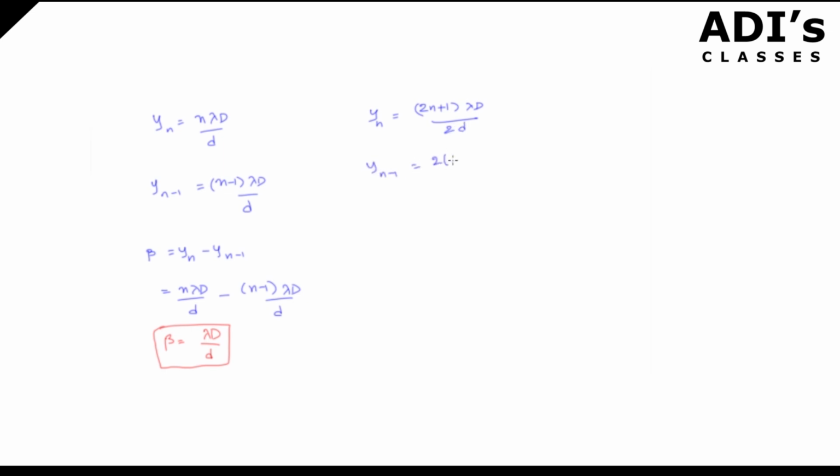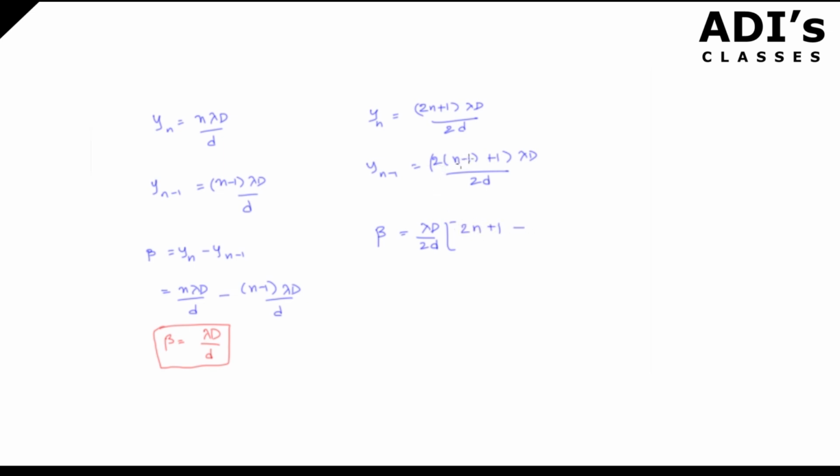So what do you get from this? We get beta to be lambda D divided by d, correct? This is basically the fringe width between two bright fringes. Let's try the same thing for the dark fringe and see what it is.